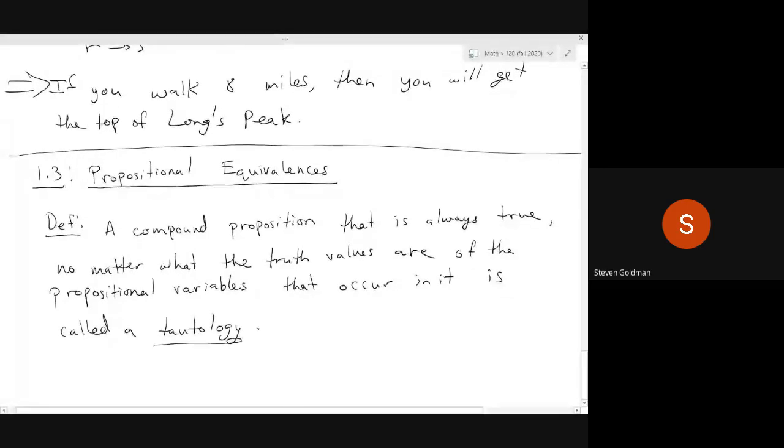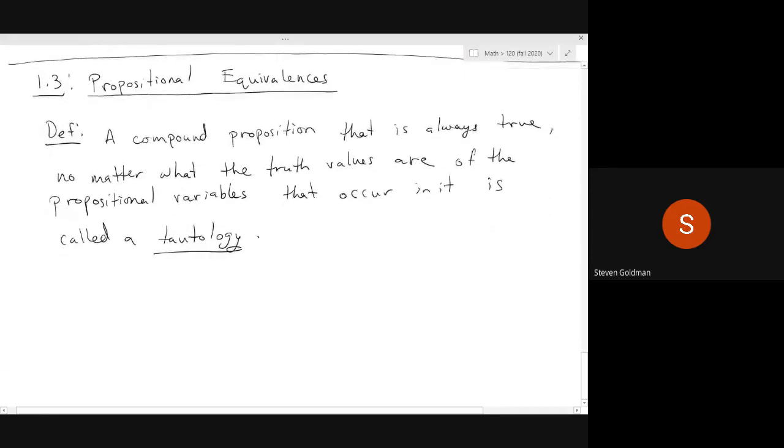So in other words, a compound proposition that is always true is called a tautology. You have a statement that's always true, that's a tautology.